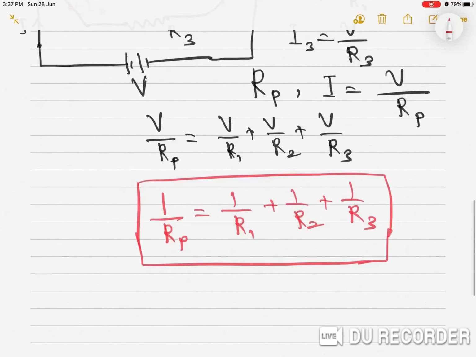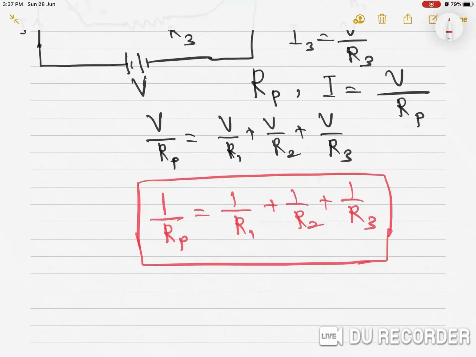The features of parallel combination: potential difference is the same for each resistor, but current is different in each branch, because on connecting in parallel the area increases.